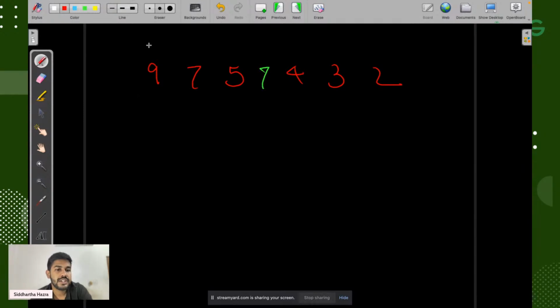Now suppose I start from the back this time. The same increasing logic only, but I would start from the back. The answer to this would be 1. The answer to this would be 2.